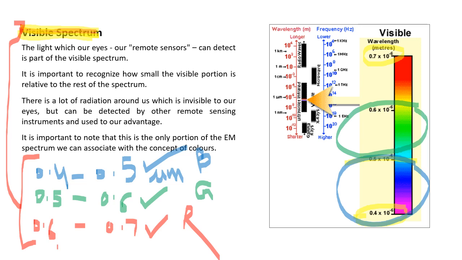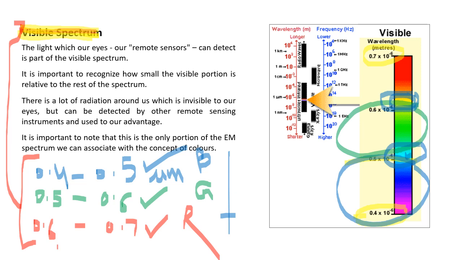All these are the colors. When the energy is 50% red and 50% green, it will be yellow. If anything is reflecting 50% blue and 50% green, then the color will be this color here, as you can see.